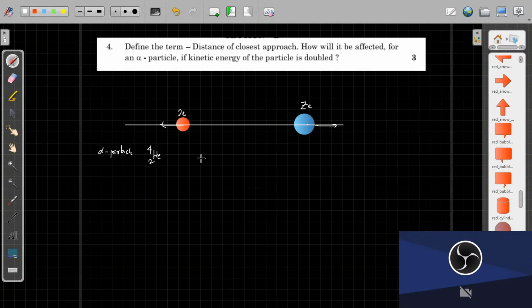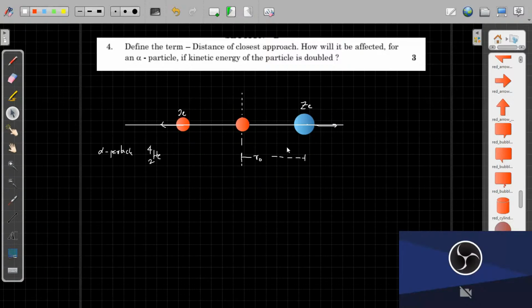Due to repulsive force, at one point the whole kinetic energy of the alpha particle will be used up, at this distance R0 from the gold nucleus, where the alpha particle will completely come to rest momentarily, and then again it will rebound back.